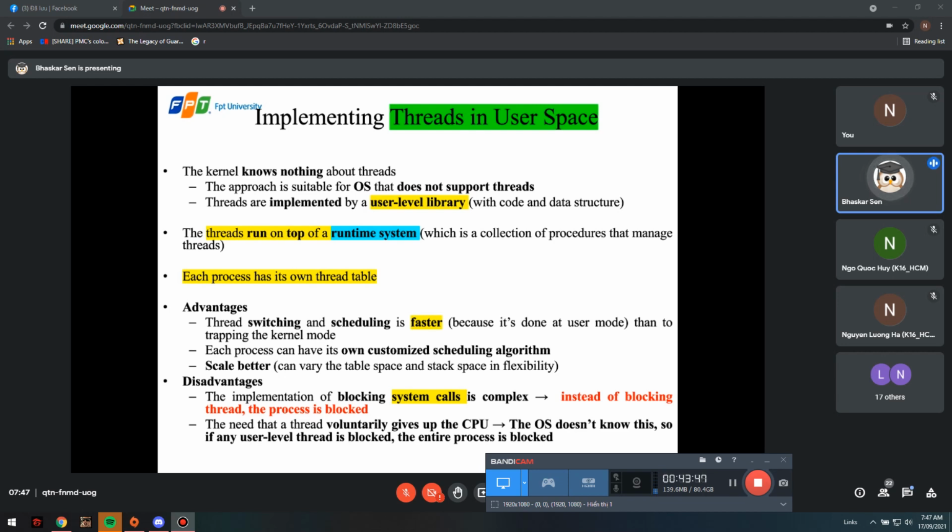So everything literally should run from the user mode. Now that is fine, no problem. The kernel will never know anything about what a thread is and how many threads are there. So it will not have any perception of that.